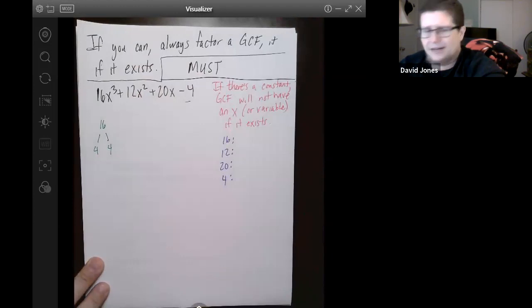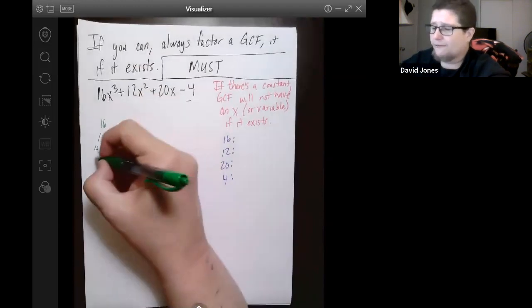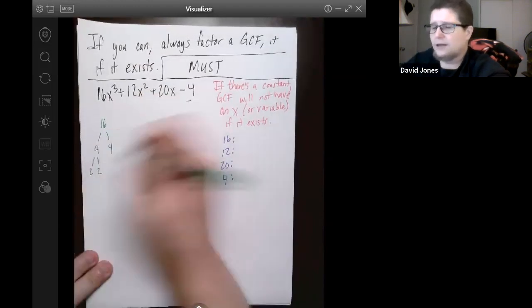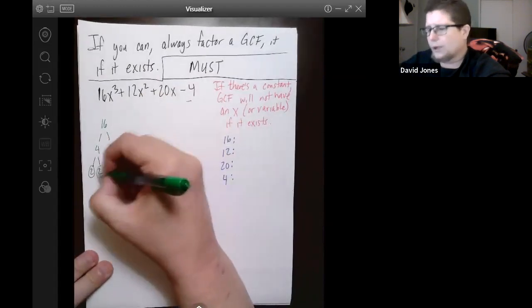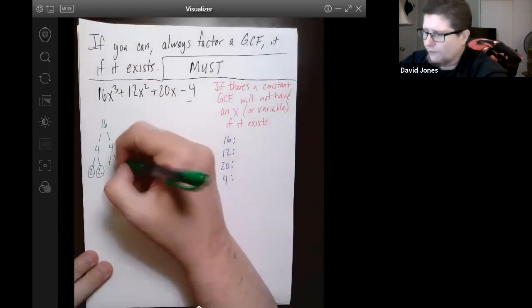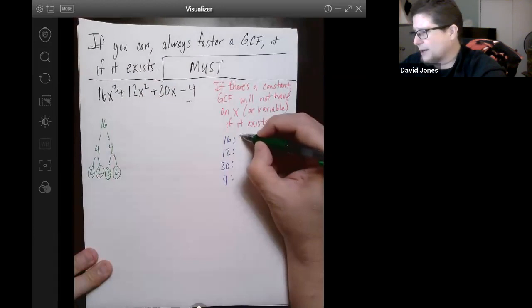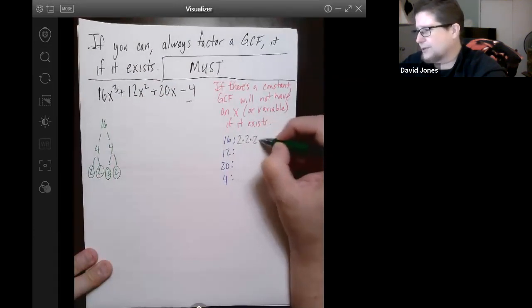If a number is prime, which means it can't be factored further, circle it. If it's not prime, keep factoring it. So 4 is not prime. We're going to keep factoring it. 4 is 2 times 2. 2 is prime, so I'm going to put circles on them. And that means this 4 factors into 2 times 2. 16 is apparently 2 times 2 times 2 times 2.